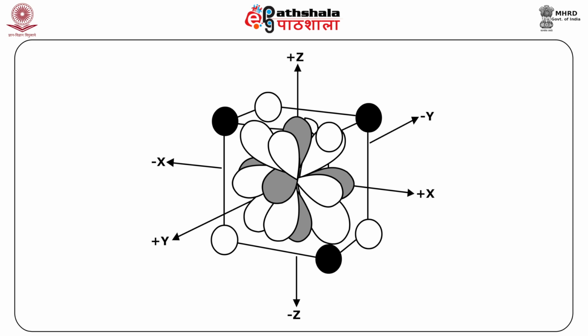In this particular situation, the orientation of the eg set of orbitals is towards the center of the face of the cube, and the three t2g orbitals point to the center of the edges of the cube.